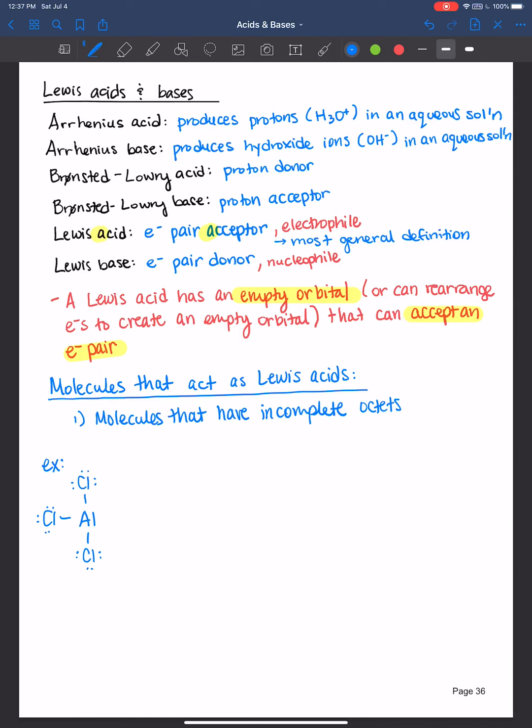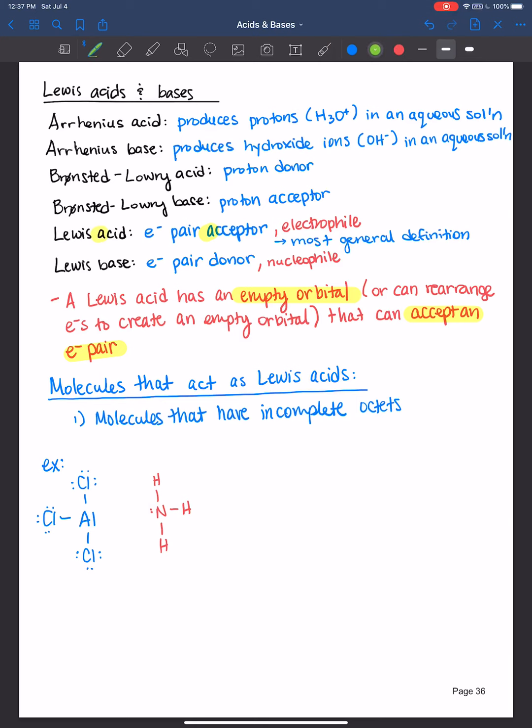And let's say we have ammonia added to it. Now we know nitrogen, ammonia, and ammonia derivatives have electron pairs, and we've talked about that in a previous lecture when we talked about bases, right? That lone pair is what will be donated, right? And so aluminum doesn't have a complete octet, so it does have space to accept this electron pair.